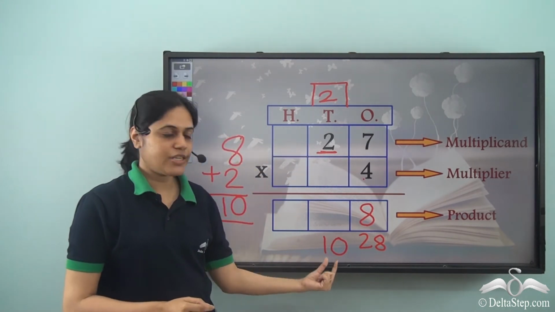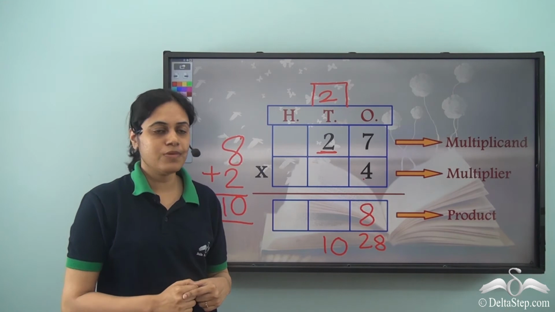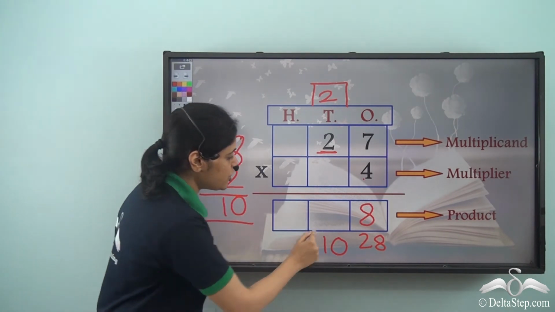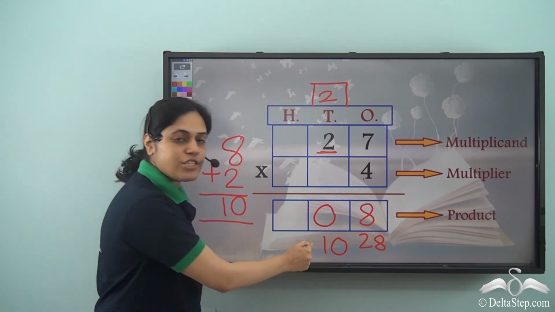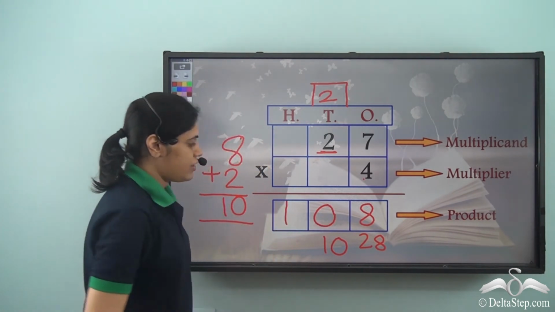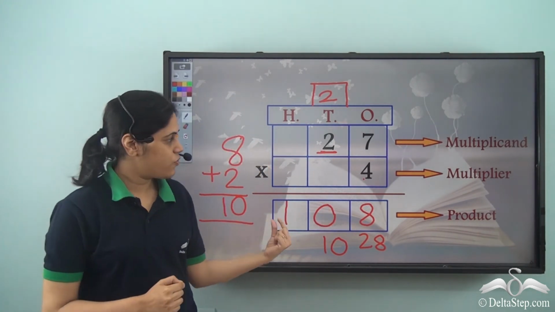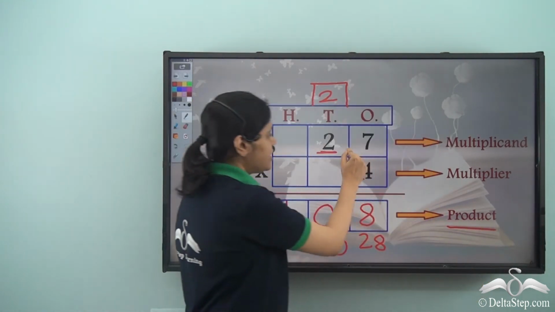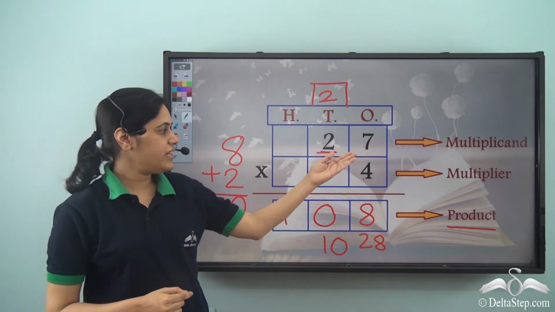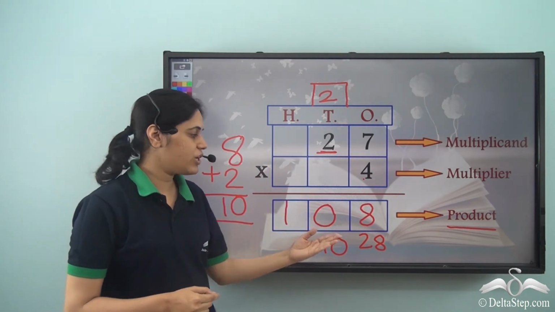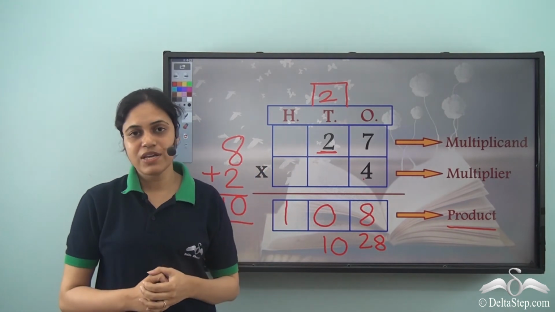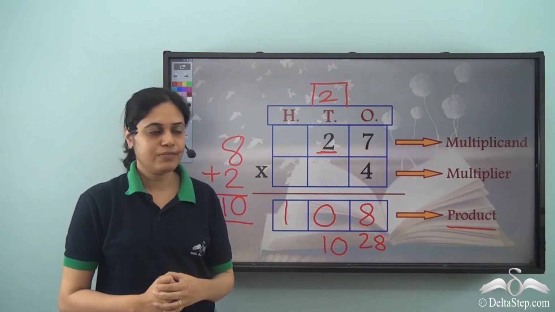So both the digits will not fit in this room. So what do I write in this room? 0, the digit on the right, and the digit on the left is written here. So 108 is the product of 27 and 4, or 27 multiplied by 4 gives us 108.